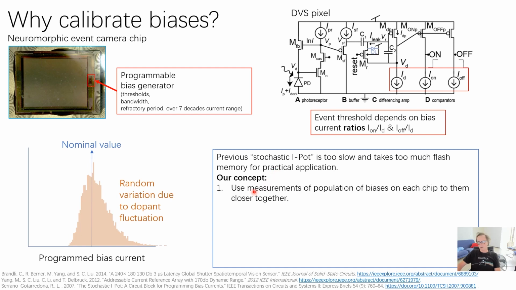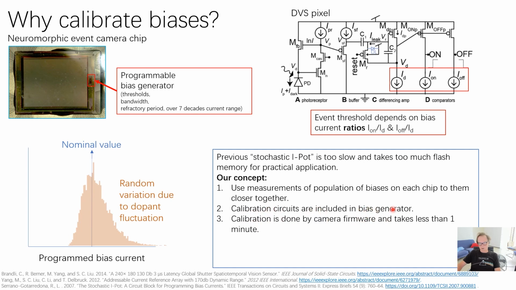Our concept, in contrast, is to use measurements of the population of biases on each chip to bring them closer together. Calibration circuits are included in the bias generator, and the calibration is done by camera firmware and takes less than a minute. The result, as you'll see, is improved uniformity of responses across different chips and higher mass production yield.